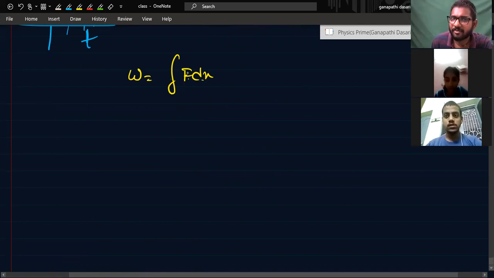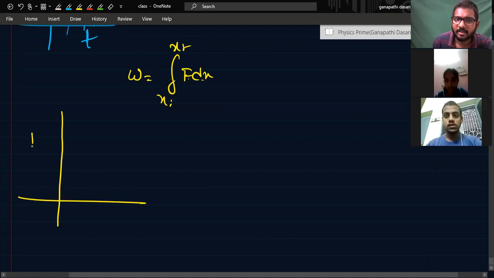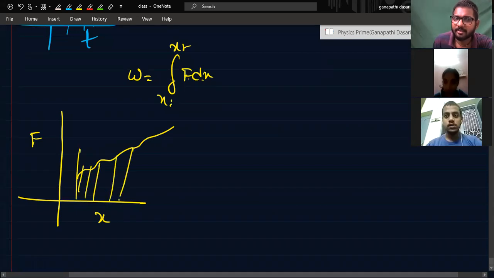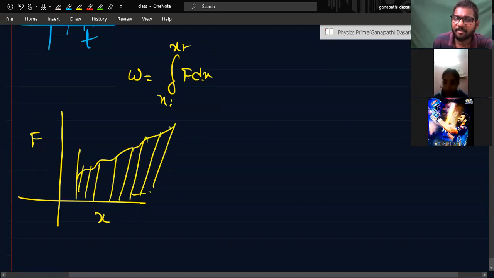Integral F dx from x initial to x final. So that means if you have an F-x graph, the area under the curve of F-x, what will you get? Work done.